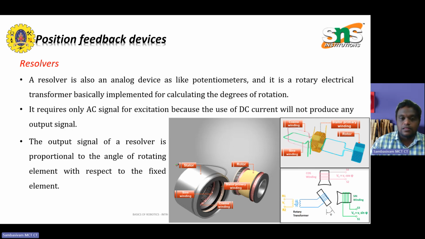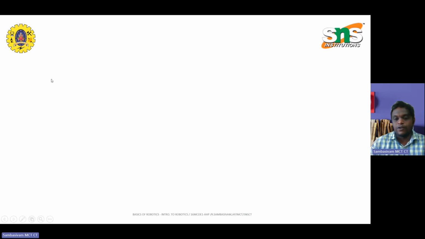This is how position sensors play a vital role compared to other systems because of their valuable support.